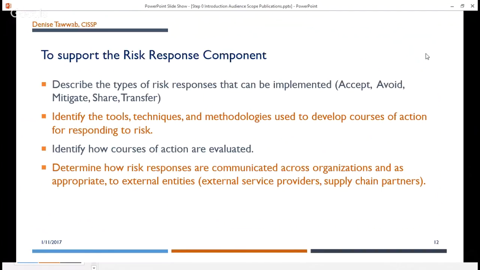And then we have to identify how we're going to evaluate the different courses of action that we have, and then determine how risk responses will be communicated across the organization, and if appropriate to our external partners like supply chain partners and external service providers, because with information security, sometimes your risk really does involve external parties. So be mindful of that.